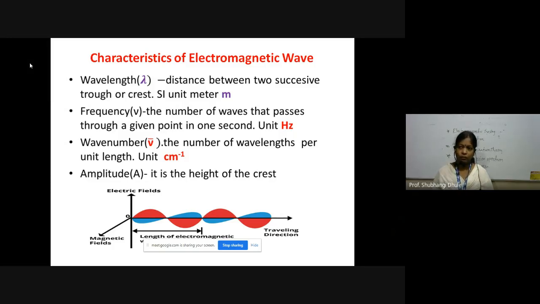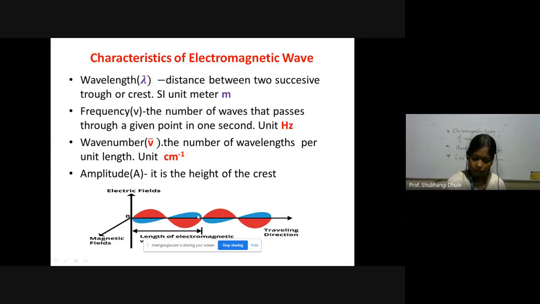What is the nature of these types of radiation? This was explained by the scientist Maxwell. Let us learn the characteristics of the electromagnetic wave, because these radiations are in the form of an electromagnetic wave. Look at the slide here.